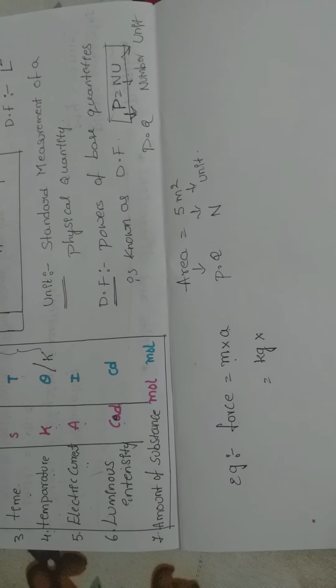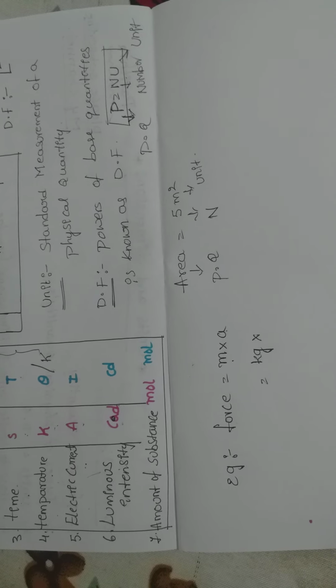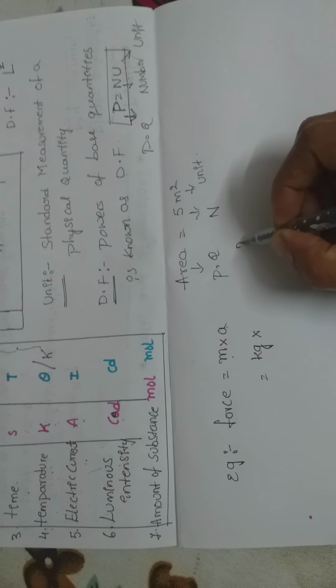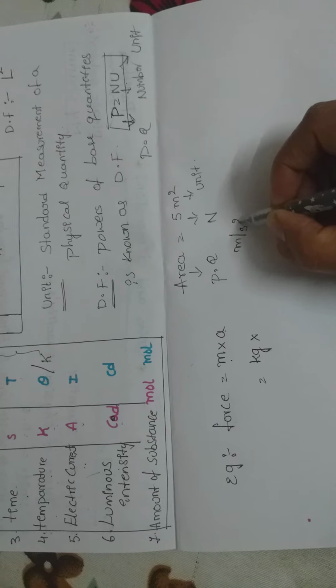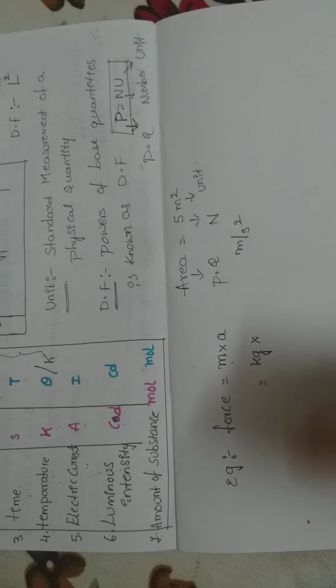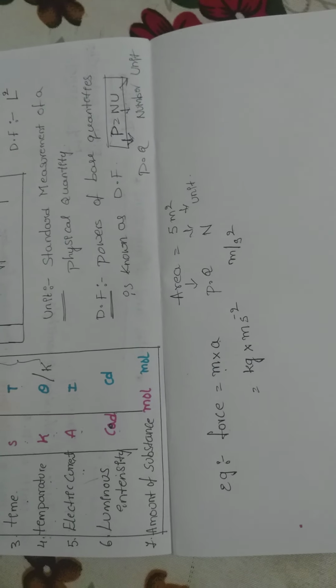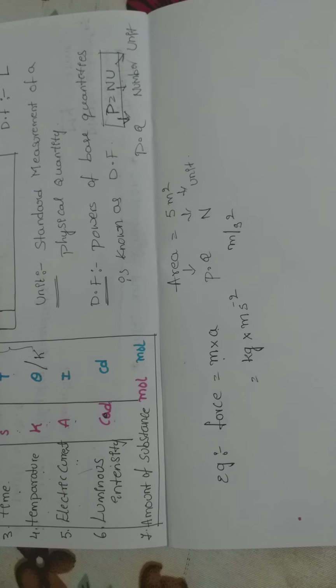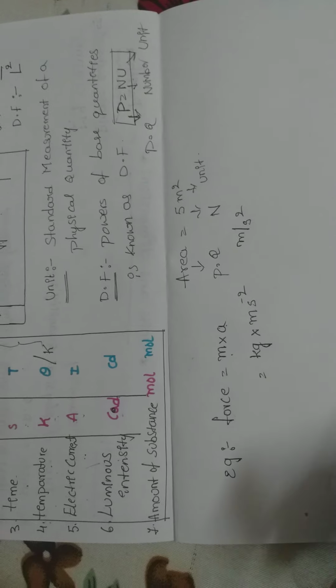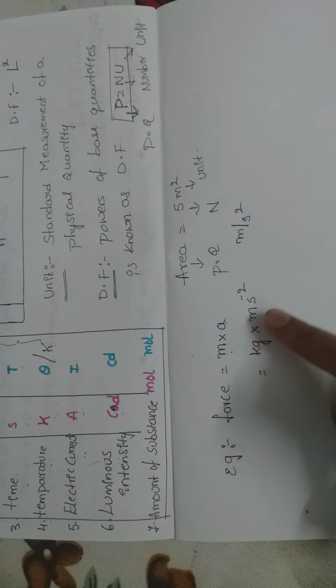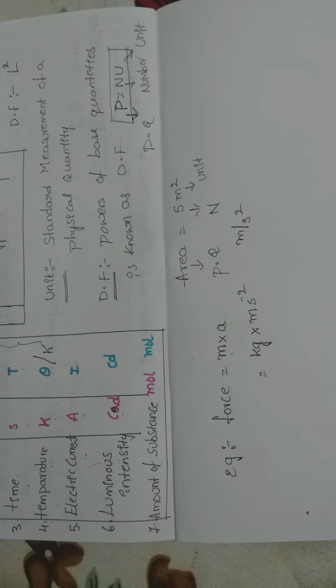So what is the unit of acceleration? Already we know that meter per second square we should take. So I am writing meter second power minus 2. That is the unit of acceleration. Higher standard students easily know the units for different physical quantities.